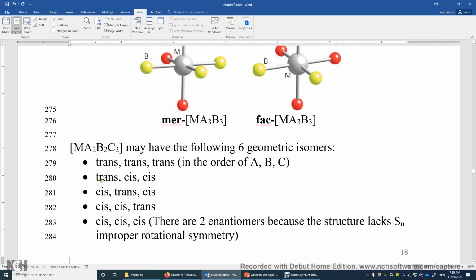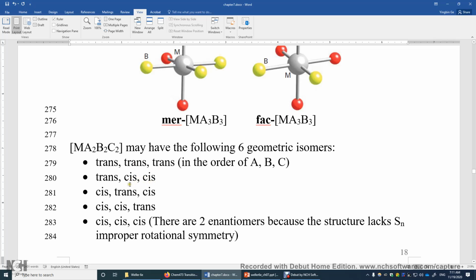Remember again, if you just picture this, the 2 As are on the trans positions, and then you imagine the 2 As are on top and bottom of this transition metal, and then you have 2 Bs and 2 Cs on the same plane as the transition metal, and then they have to either be both trans or both cis.